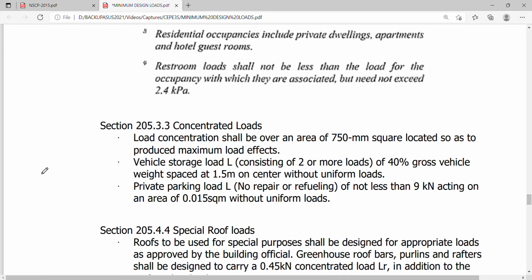we are now bound to compare always the effect of a uniform load and the effect of a concentrated load. So here's how the concentrated loads are applied in terms of area concentration.